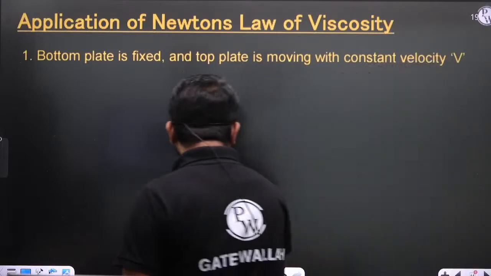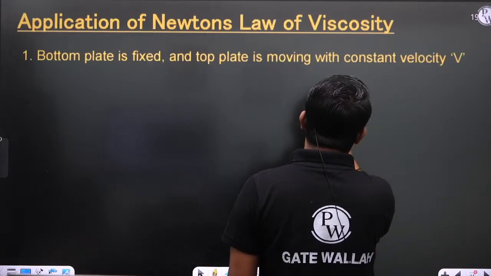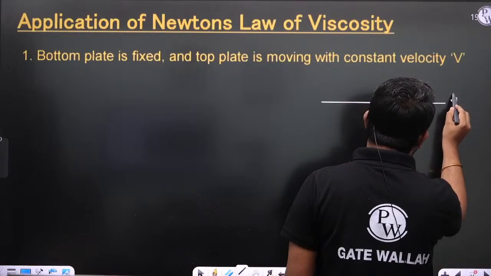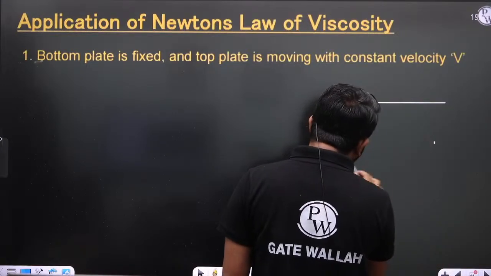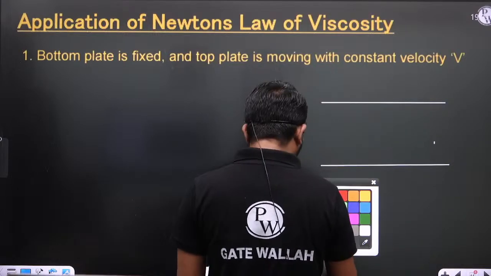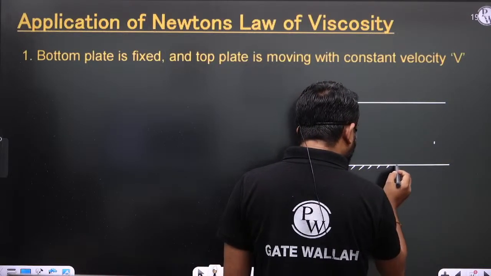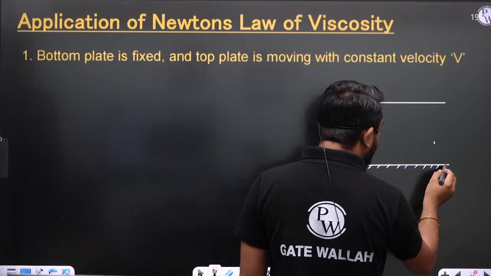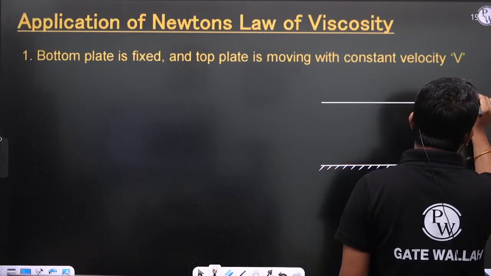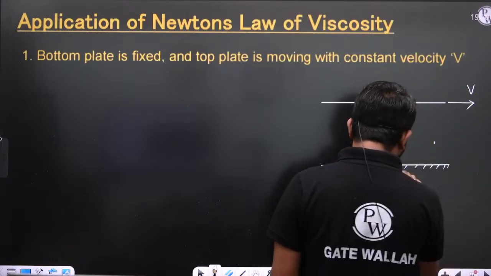So it is simple, na? See, in this case, the bottom plate is fixed and the top plate is moving with constant velocity v. So this is the bottom plate, and this is the top plate which is moving with constant velocity, that is v, right?